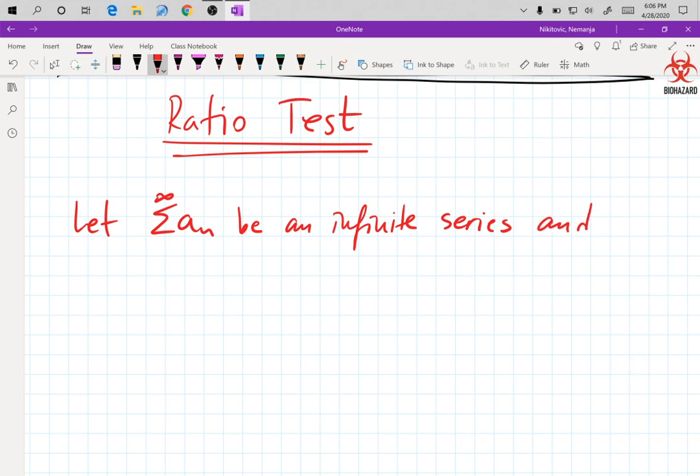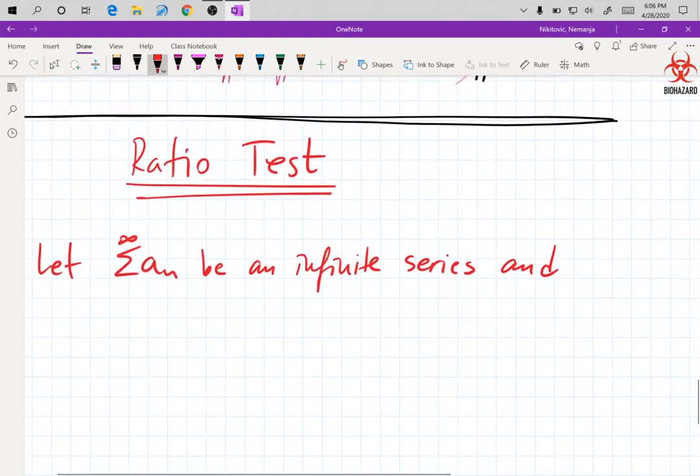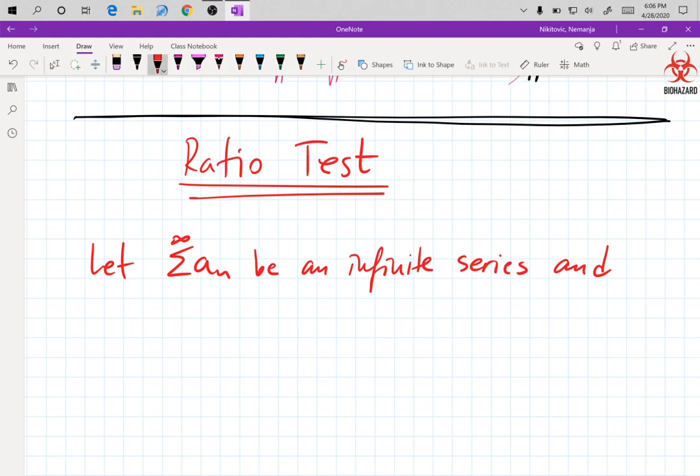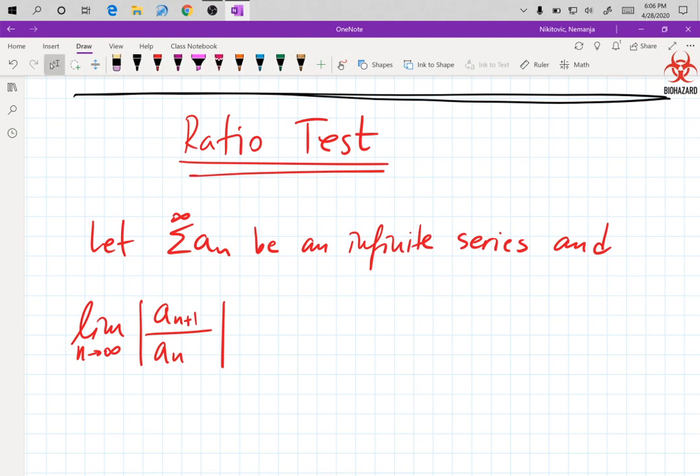And you have a limit as n goes to infinity of an plus 1 divided by an, in absolute values. Those absolute values are not there for decoration. You must have them. And we will really specify that in chapter 11, well, that's in 2 days. So we really have to have these.